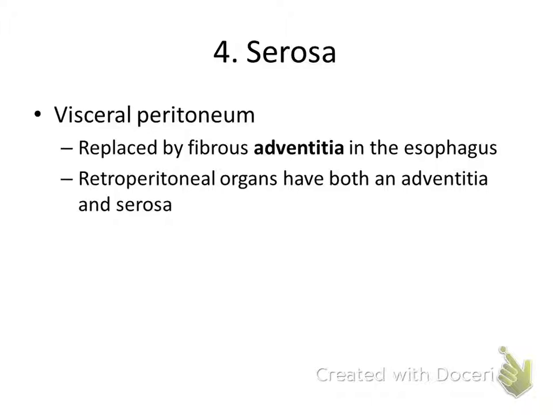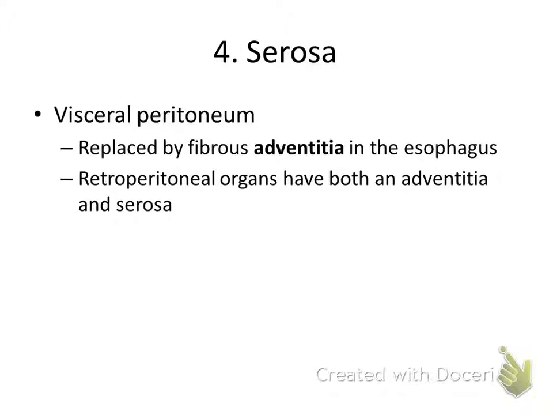I told you that most of the time we're going to see serosa as the outermost major layer, but sometimes there will be adventitia instead. The difference is adventitia is just connective tissue. And really the only time we see an organ with only adventitia, well, that's the esophagus.